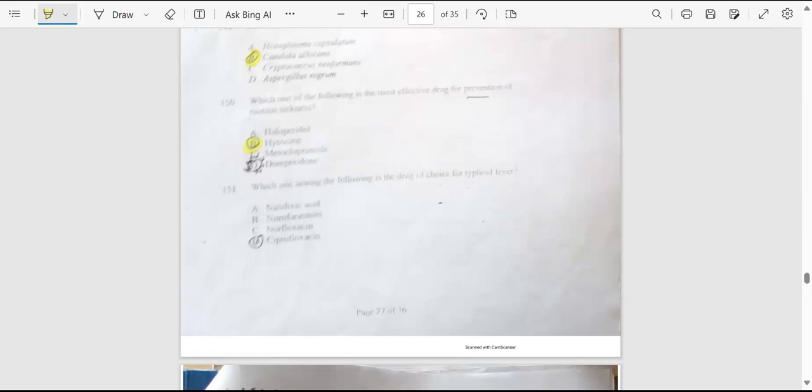Sorry, which ones don't work? Domperidone. I think it's a D2 antagonist. Is it an agonist or an antagonist? Antagonist, I mean. Yes.